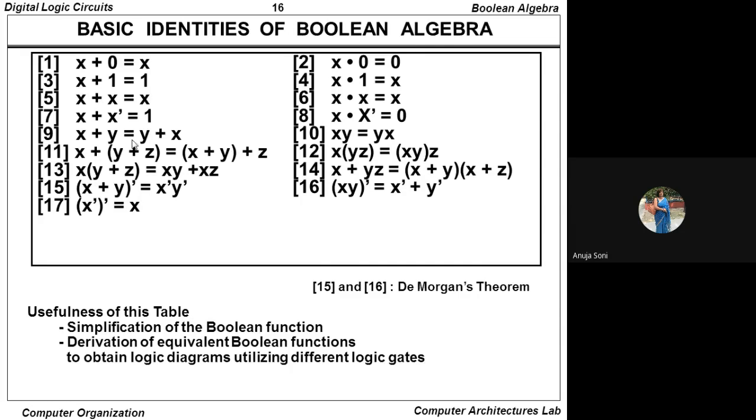In case its value is 0, then 0 plus 1 will be 1. 1 is true, so the result will be true. And in case the value of x is 1, then also 1 plus 1 will be 1. Means if at least one is true in case of logical OR, the result will be true. So hence it proves. Now the next identity says that x plus x will be equal to x.